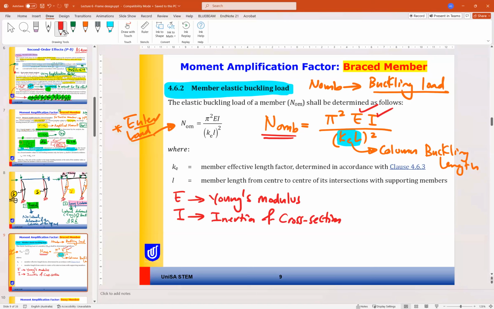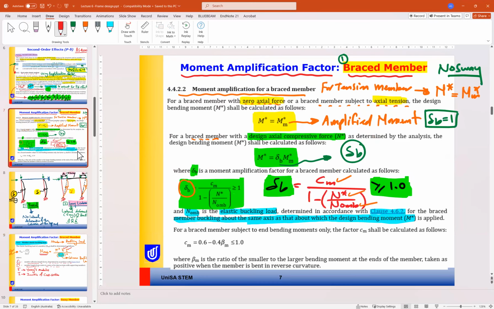And KE is the member effective length factor. We will see now how to find it. L is the member length from center to center. So if you know all of these parameters, you can know NOMB. So if we go back to our calculation, we know how to find NOMB. So what is the next parameter to find?